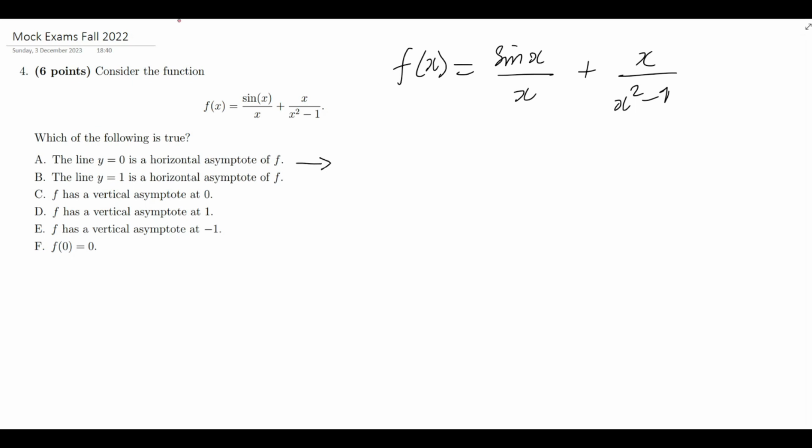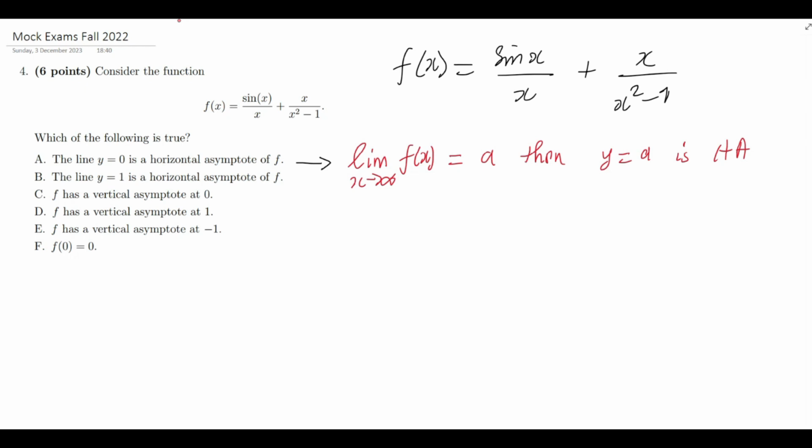To get the horizontal asymptote, we are looking for the limit as x tends towards infinity of our function f of x. If it happens that this limit is a constant a, in this case 0, then y equal to a is our horizontal asymptote. So you have to know this definition. That's the definition of a horizontal asymptote.